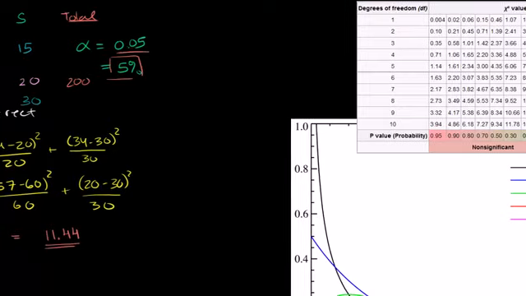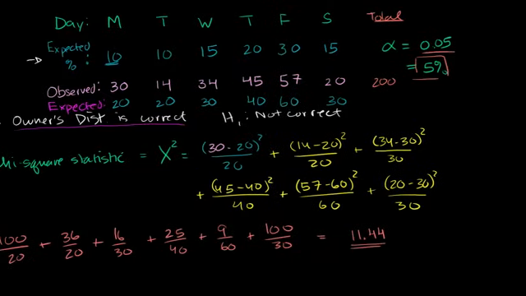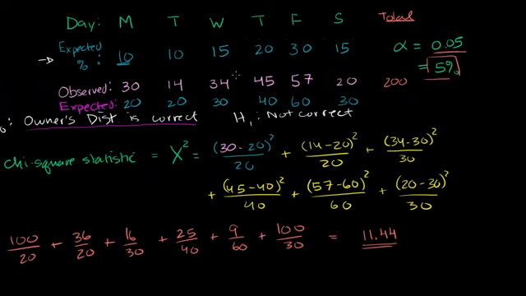And actually, the other thing we have to figure out is the degrees of freedom. We're taking 1, 2, 3, 4, 5, 6 sums, so you might be tempted to say the degrees of freedom are 6. But if you had all of this information over here, you could actually figure out this last piece of information. So you actually only have 5 degrees of freedom.